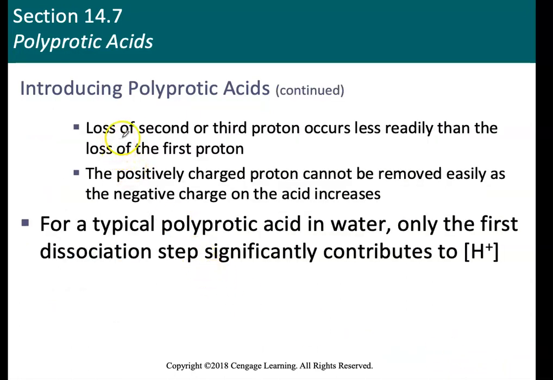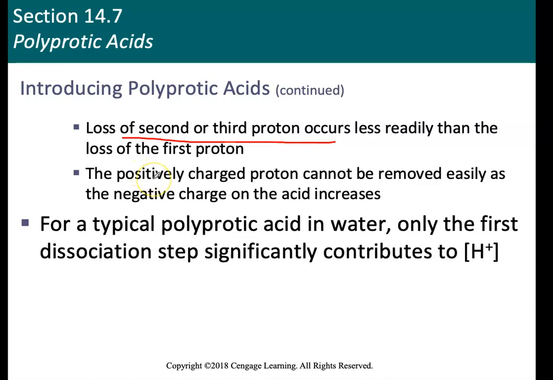We note that in most acids, the second and third protons occur less readily than the first. So the loss of the second and the third proton occurs less readily. That means we can just focus on the first equilibrium, that is the ionization of the first proton.